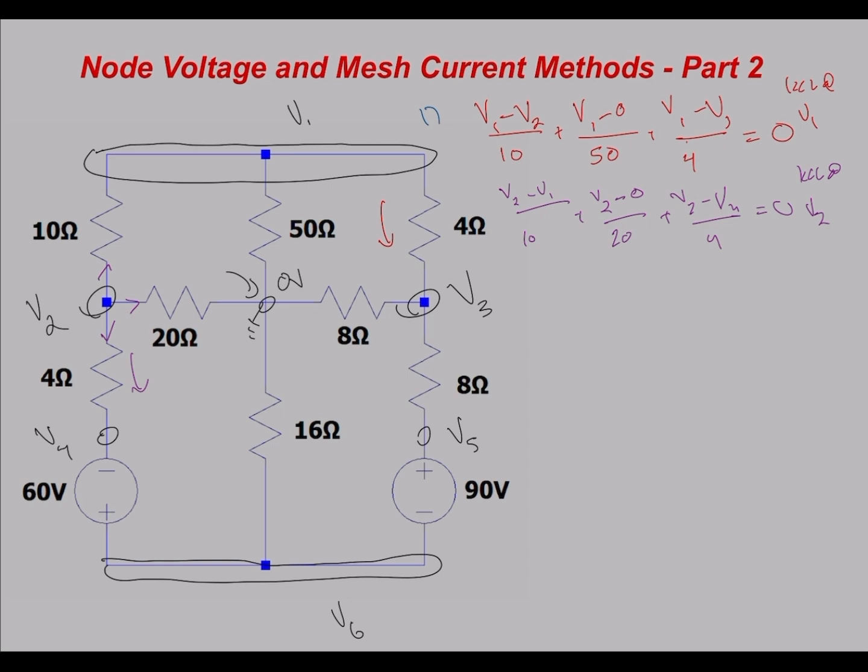Great. So proceeding as normal, we can do the central node now, where we have 4 distinct currents. So we can do the 50 ohm one first. The 50 ohm resistor will be 0 minus V1 over 50 ohms. Then the next one will be this 8 ohm, which will be 0 minus V3. Remember, that's the current exiting that node, so it'll be over 8 ohms.